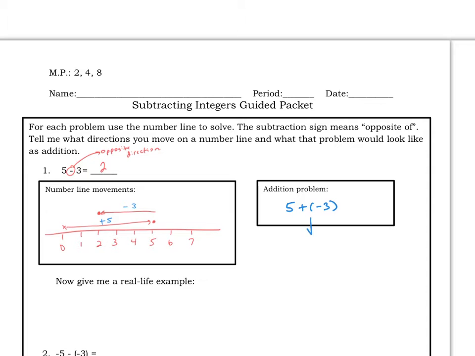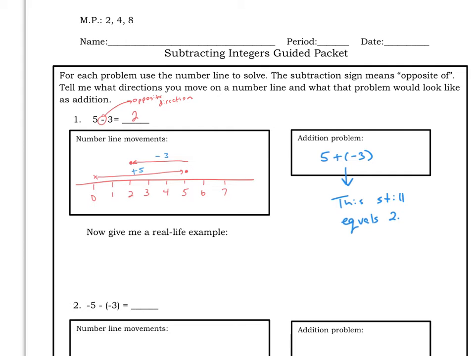Please note, this still equals 2. Okay, that part does not change. I'm not changing what it equals. I'm just changing how I write it. So 5 minus 3 and 5 plus negative 3 are still going to give me the same value of 2. So go ahead, pause the video if you need to so you can copy all of that down.